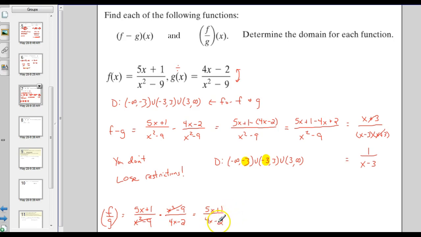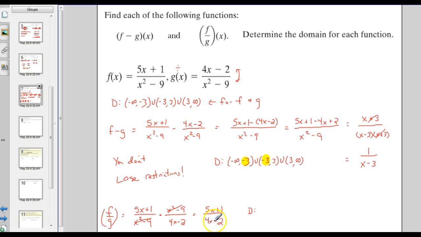Alright, now look. Positive 3, 4 times 3 is 12, minus 2 is 10. 3 works. Negative 3, 4 times negative 3 is negative 12. Negative 12 minus 2 is negative 14. Negative 3 works. So what's the domain here? Well, if you look here, what makes this equal to 0?